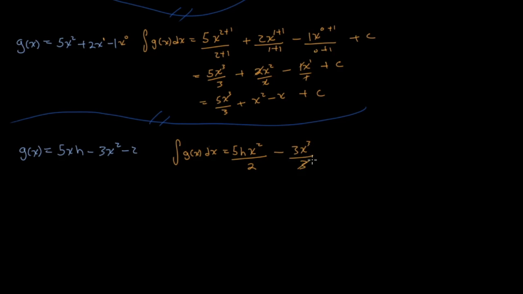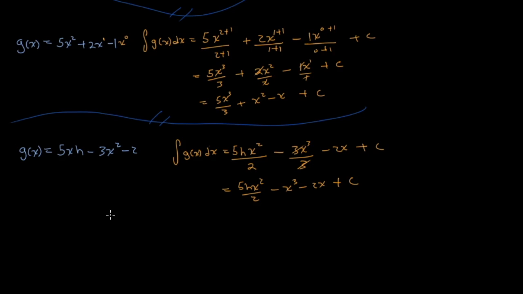As you can see here, these 3's cancel out, minus 2x. And then I'm going to go plus c. When we simplify that, we get 5hx squared over 2 minus x cubed minus 2x plus c. So that's a very, very easy one again.